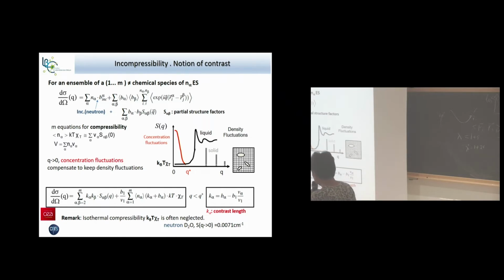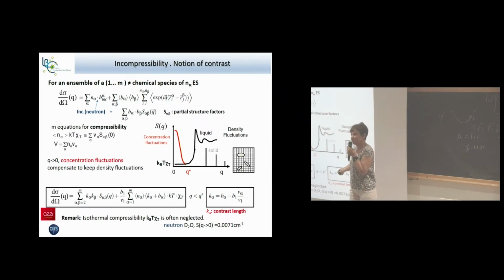And to introduce in the final equation a contrast length, K, which is the difference between the scattering length of one element with respect, for example, to the solvent or to the matrix. We choose the solvent or the matrix because it's easy to look at one molecule in the solvent. Generally the matrix or the solvent is the element that is sacrificed by this simplification.